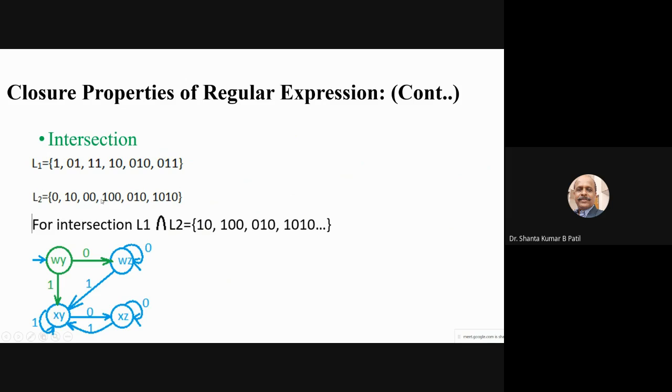So 1 0 is common in both the languages or regular expressions, and 1 0 is recorded in L1 intersection L2. 1 0 0 is also accepted by the first machine, and in the second machine 1 0 0 is there too, so you can record 1 0 0.